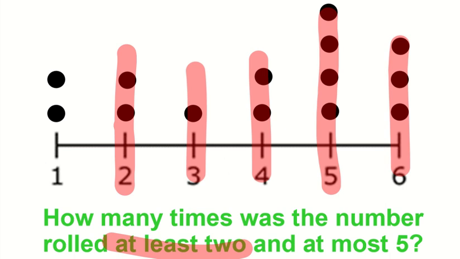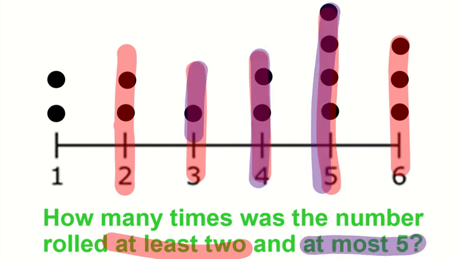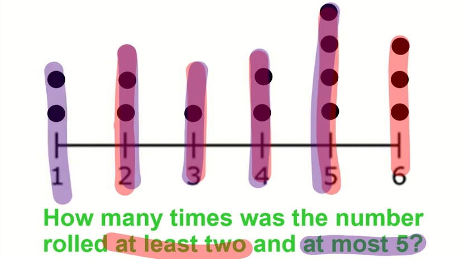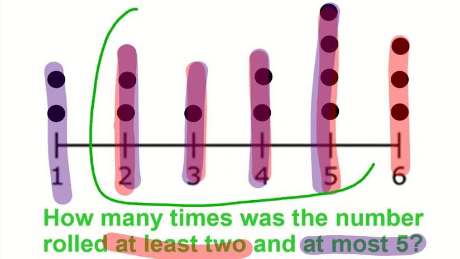Then at most 5 means 5 or less. So it would be those. What you're looking for then, if it's in between those, if it's got to meet both things, it's the ones that have been highlighted twice. So we're looking at those dots right there, and it's just a matter of counting up the dots. Okay?